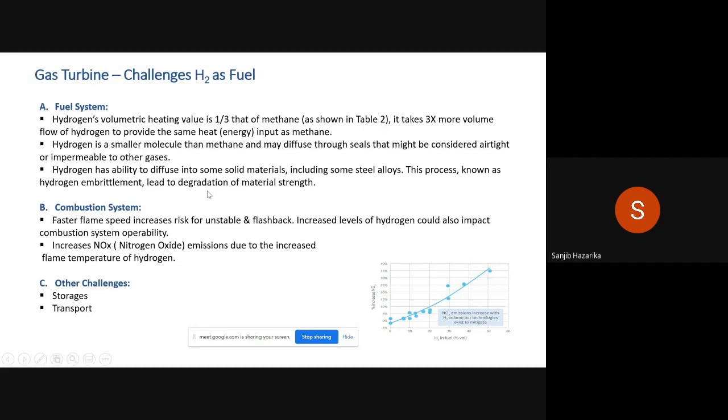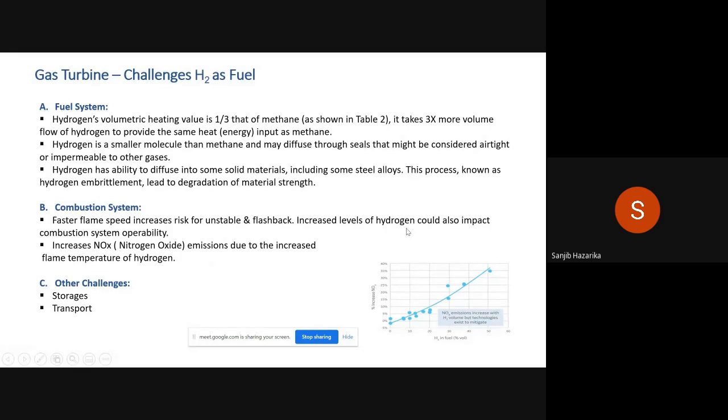And the second system is the combustion system. Of course, that's very important from the combustion point of view, and some design changes will be required in the combustion system as well. And one point is the NOx. NOx is nitrogen oxide.